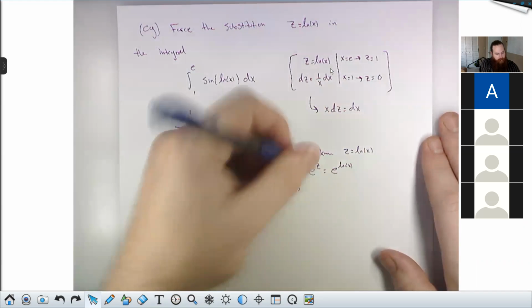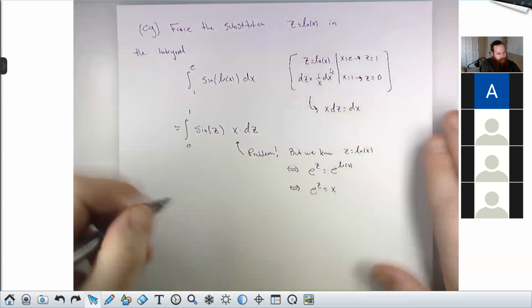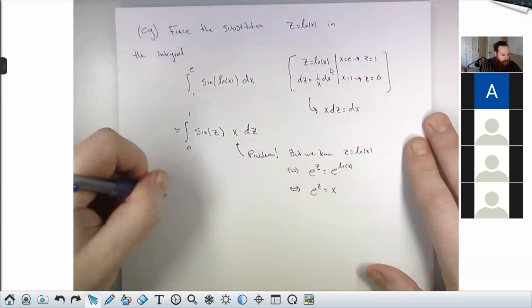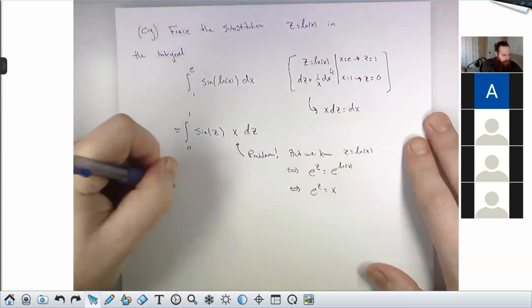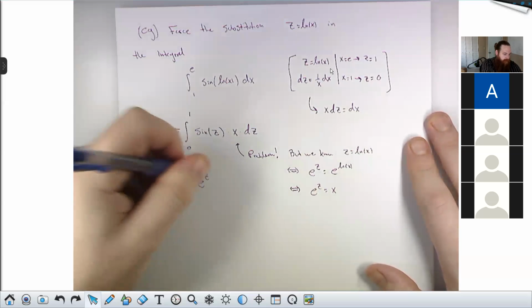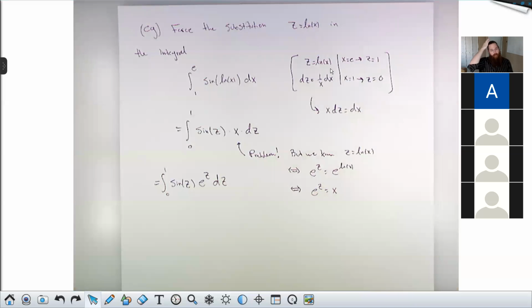But e to the ln x is just x, so e to the z is x. So this guy is really the integral from 0 to 1 of sine z times e to the z dz. And this is now looking good. Now everything is in terms of the new variable.